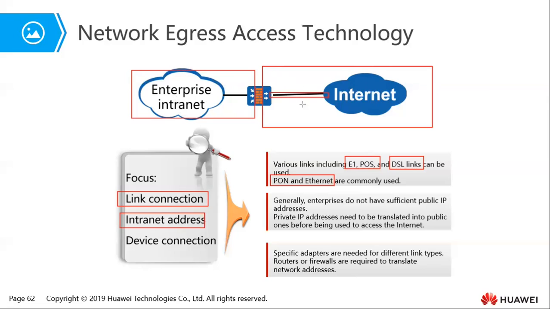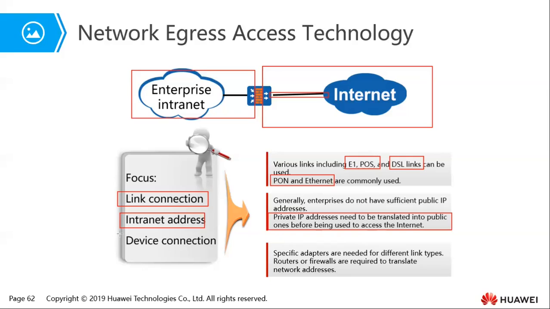When we go to the public, we use public IP addresses. So when you talk of internet addresses, it means that you need to be aware of the private IP addresses that you're using, and you need to know how they are going to be translated into public IP addresses in order for you to be able to access the internet.